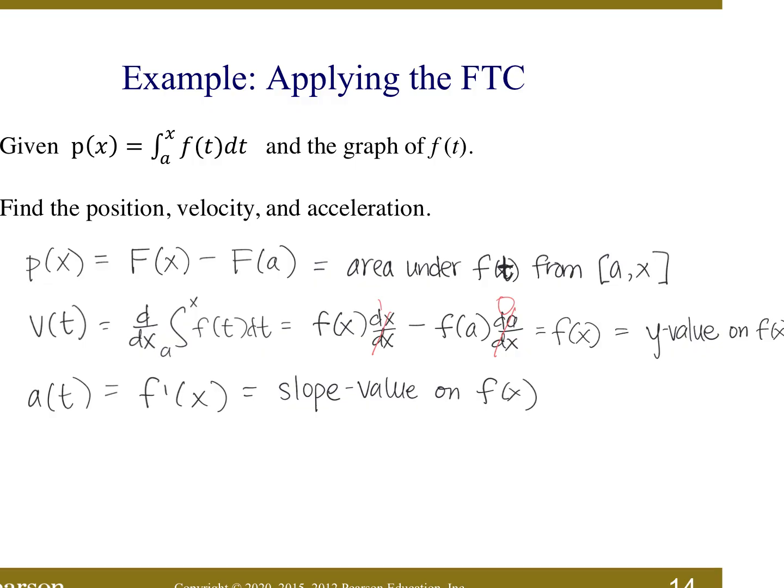So things are defined differently. The position would be the area under the graph. The velocity would simply be the y value of the graph. And now the acceleration would be the slope value of the graph, where in the past, position was the y value, and velocity was the slope value, and acceleration was the concavity. Now everything's defined differently. So you're going to have to trust your definitions and your understanding of what each of those means.